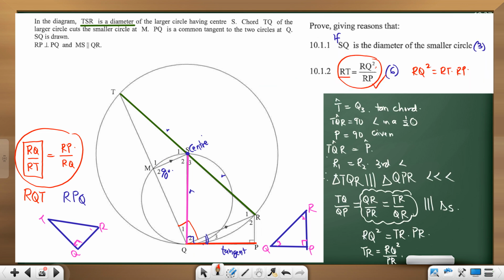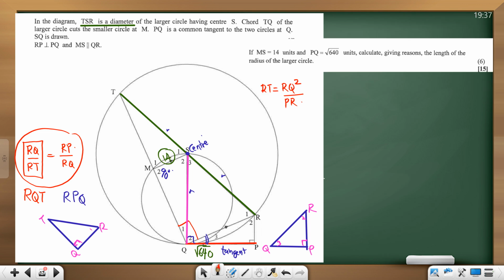Let me see, did I get it right? Now they give us MS, which is not there. What are we looking for again? The radius of the big circle, which is TR. So we are looking for this. RQ squared, which is this, and PR squared, which is that.